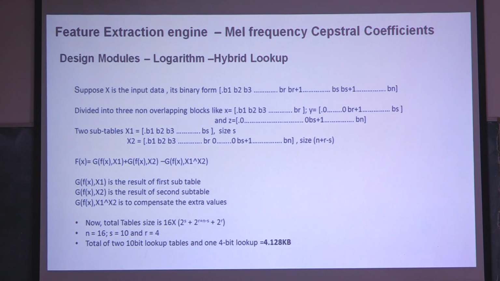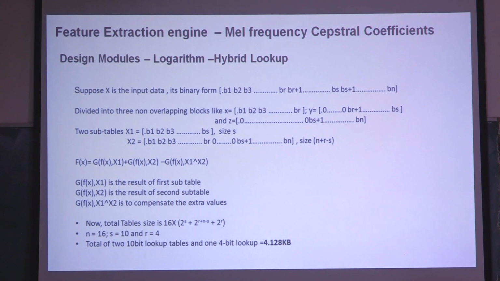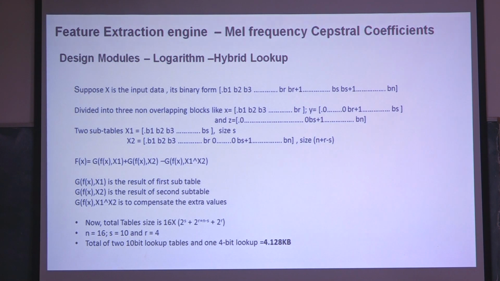If we convert this binary value and take it as a log, we can say it's log of 0.1111, which is exactly equal to log of 1 divided by 2 to the power minus 1 plus 1 divided by 2 to the power minus 2 plus 1 divided by 2 to the power minus 3 and so on. Since log of x into y is equal to log of x plus log of y, these will be the 3 tables: log of x plus log of y plus log of z.